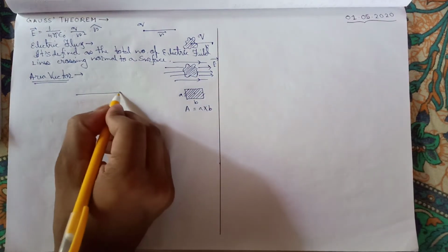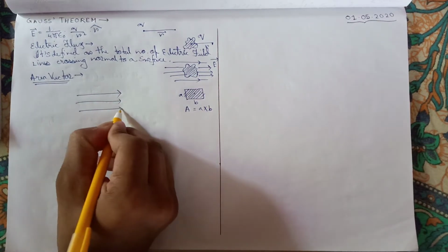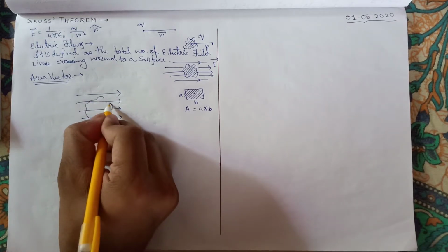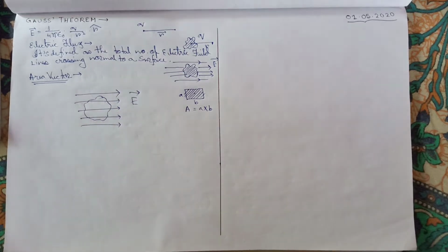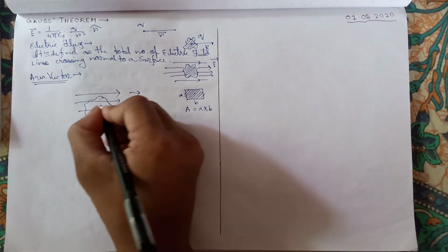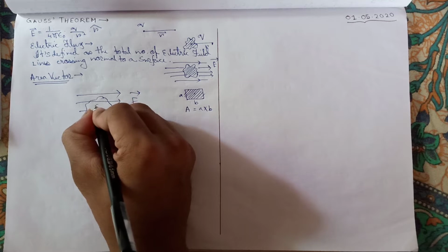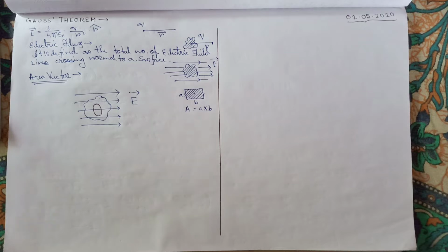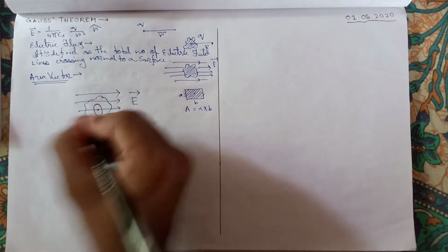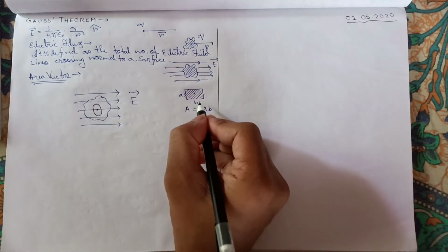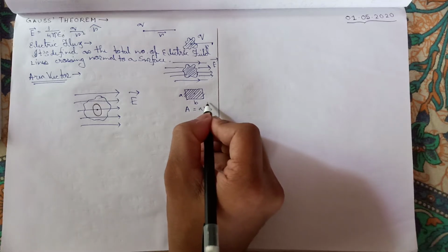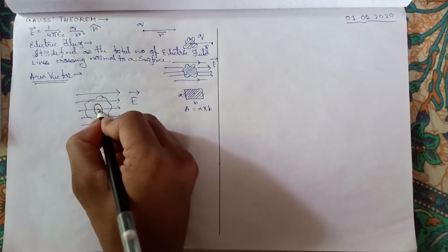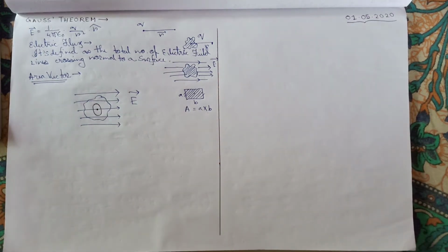Suppose the electric field lines are like that. Okay, let's take the electric field lines like that, and the surface like that. Let's take an elementary area of that portion. See, the elementary area of that portion is like that. So what will be the area vector? We just consider the area vector as the magnitude of the area and the direction normal to the area from where we are seeing the area, right?